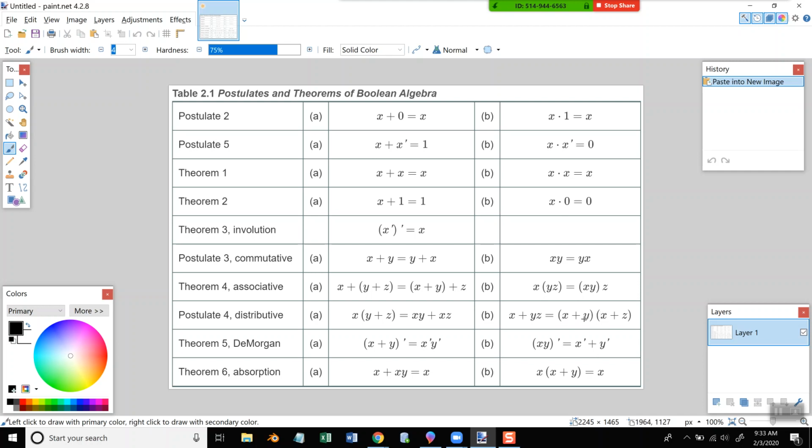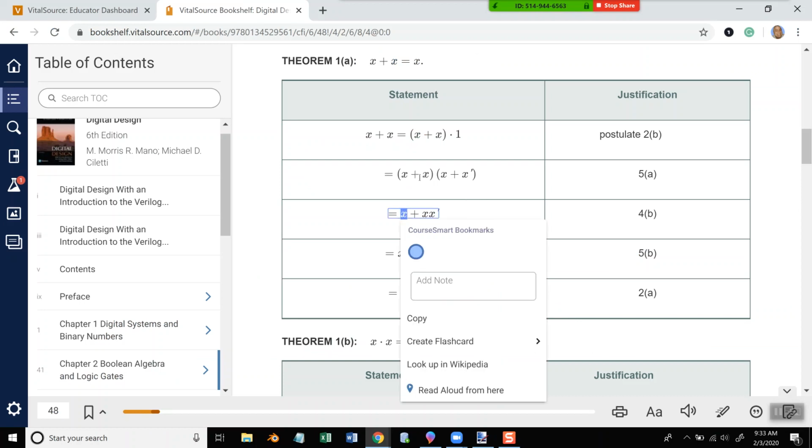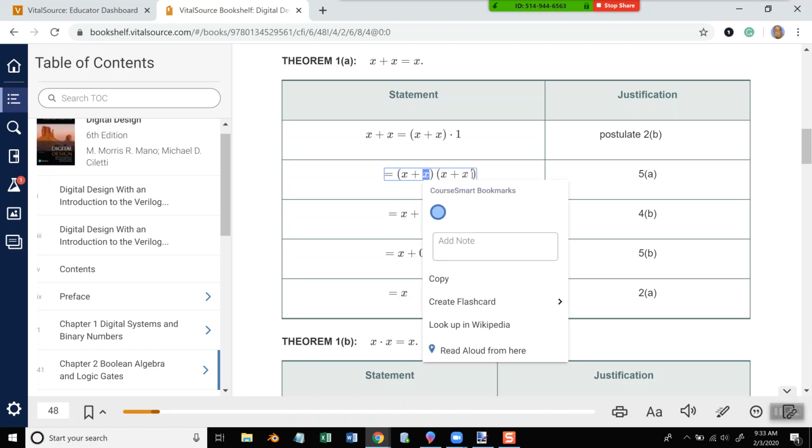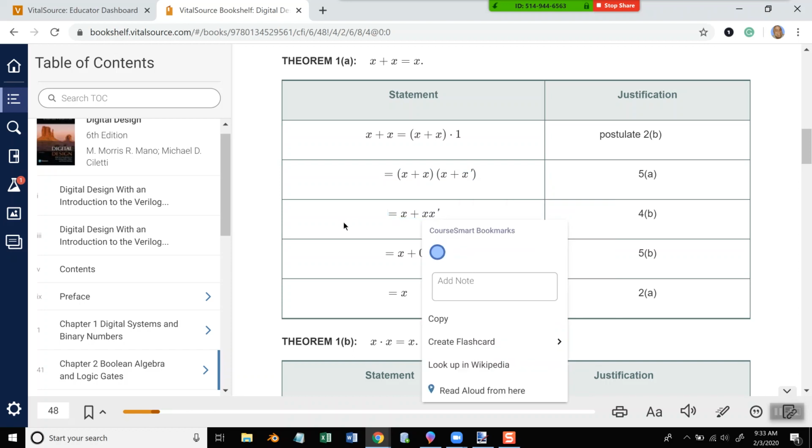And then the second part's the y and z put together. So here, since these were the same, x and x, it stayed x, my first part. And then the second part here, this x and this not x, we put together right here. And then there's a plus or an or between them.